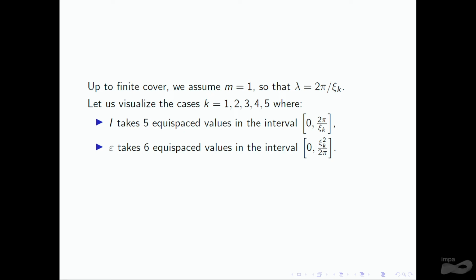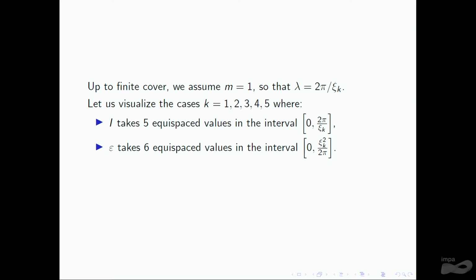And when you see what we have done, so this m actually doesn't play much of a role. So if we take some finite cover of the torus, then it's just like dividing m by what we want. So we can assume m equal to 1. And then now the relation for lambda is that lambda is equal to pi over psi k.